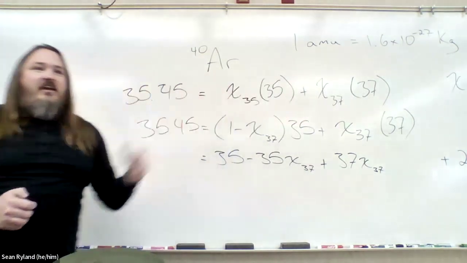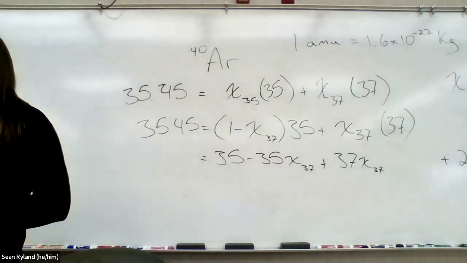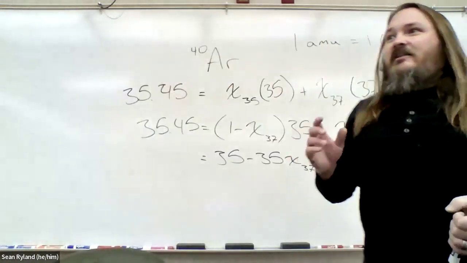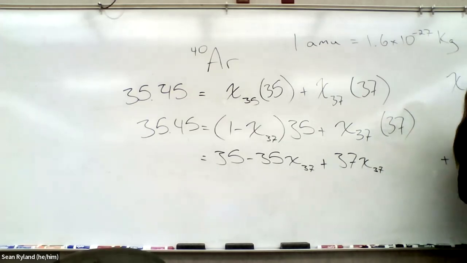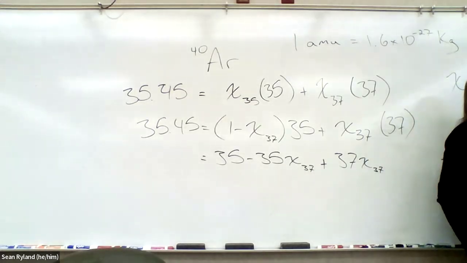There are also lots of cases, who here's heard of enriched uranium, or enriching any particular element? Right? That's a pretty common term when you're talking about nuclear energy or weapons or anything like that. And when you enrich something, basically that means you're changing this natural abundance, usually so that the heavier isotope is more common than it normally would be.